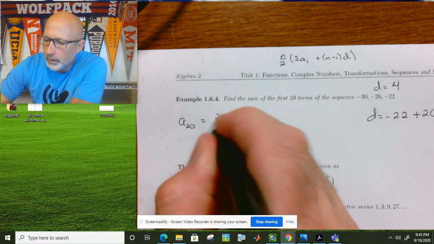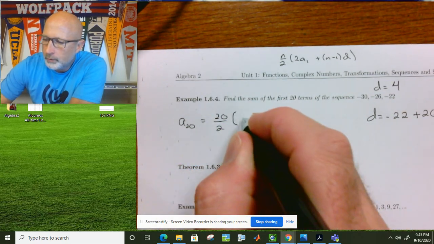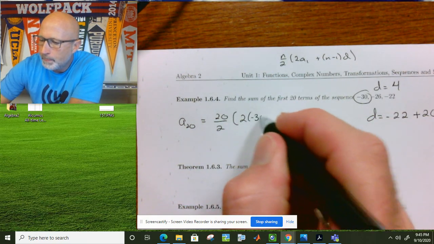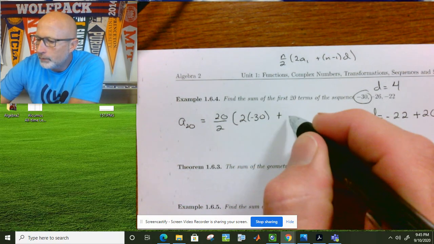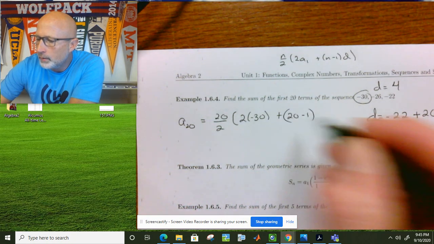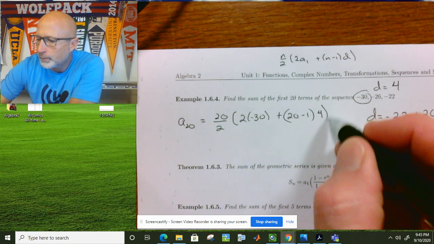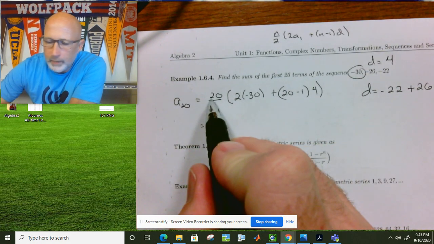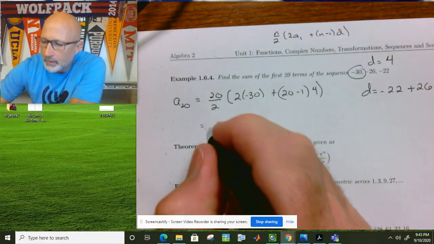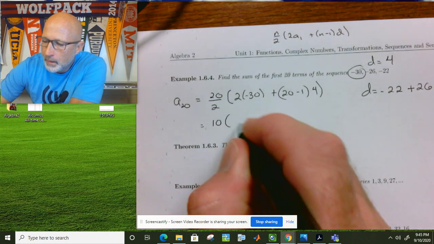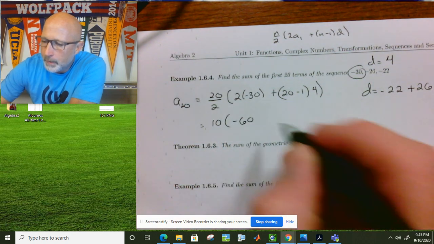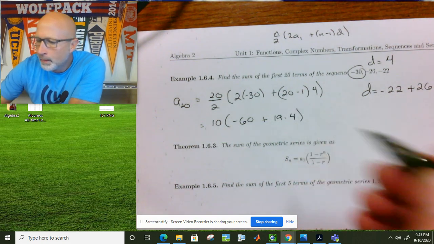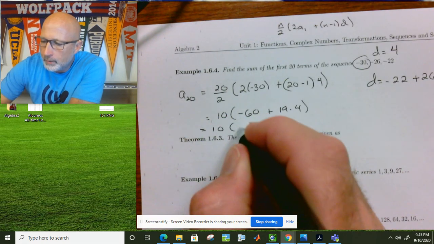So I have 20 all over 2 times 2 times a1. a1 is negative 30 plus 20 minus 1 times the common difference, which is 4. And then I just have to reduce it. Now here I will go ahead and take 20 divided by 2 because that's 10 and that goes in there evenly. And I'll have negative 60 plus 19 times 4, which is equal to 10 times negative 60.